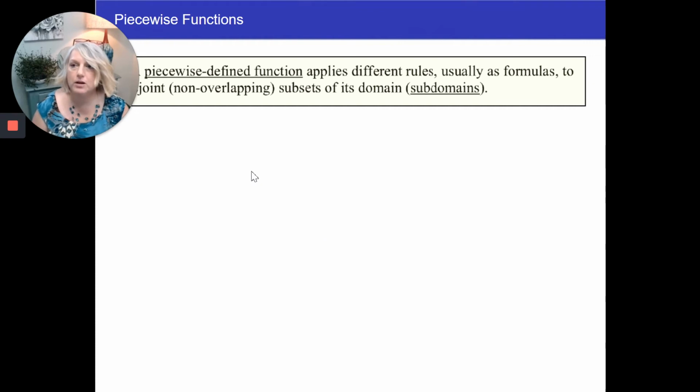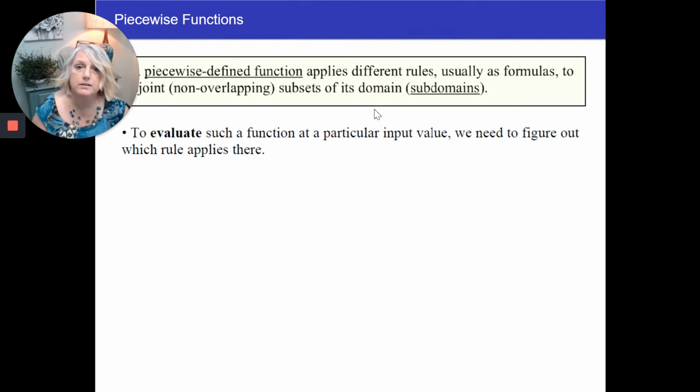Alright, let's talk about piecewise functions. Piecewise functions are basically a set that has different pieces you're combining together, so different rules. Those formulas are non-overlapping, because it's a function, so you can't fail the vertical line test, and they give you subsets of its domain, so in other words, they tell you where you want each piece.